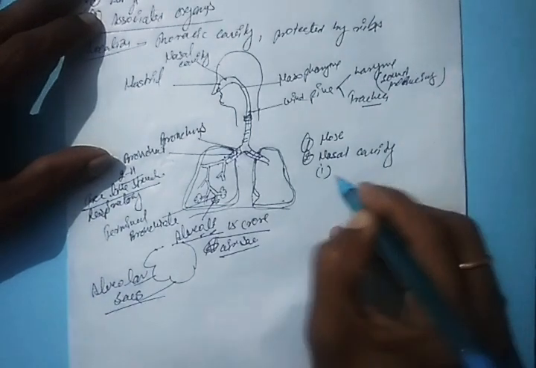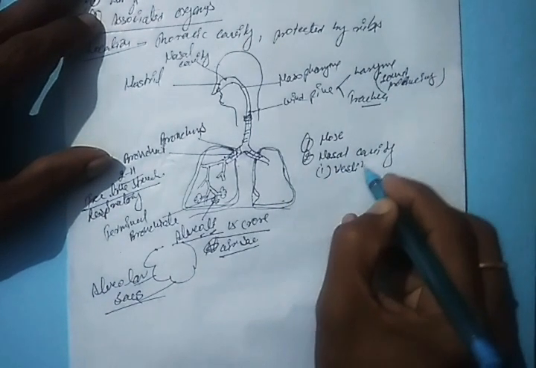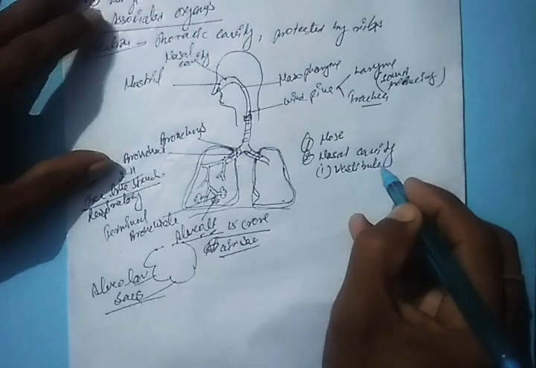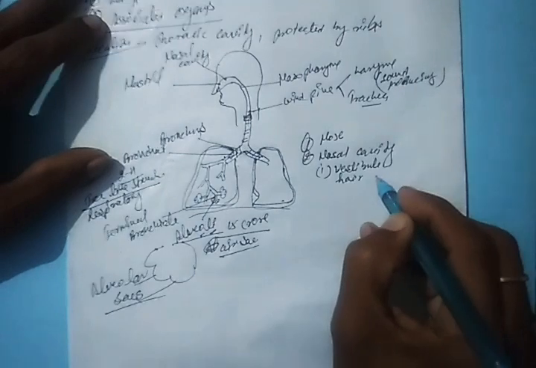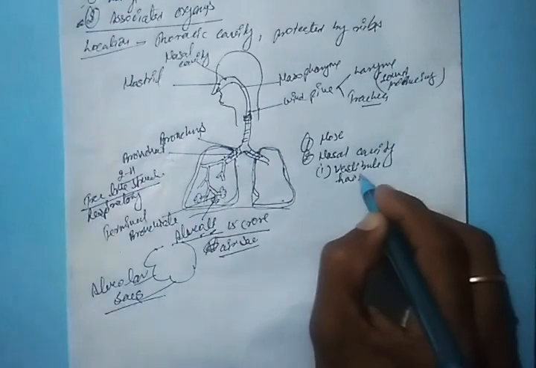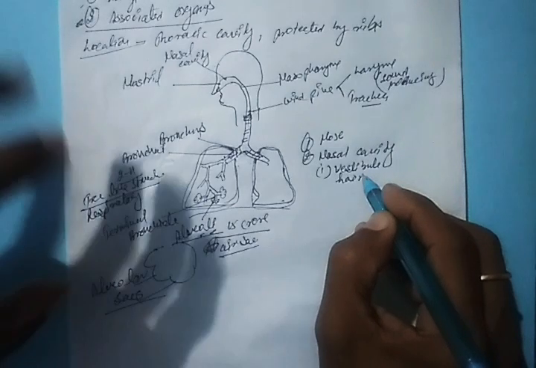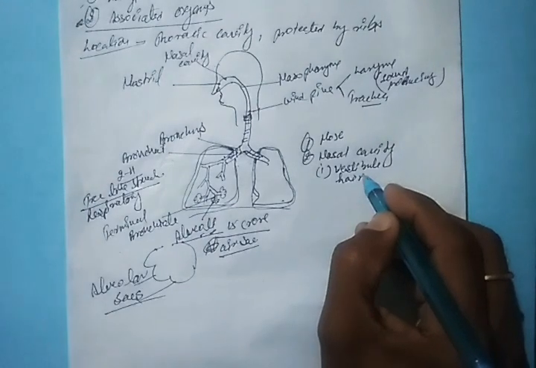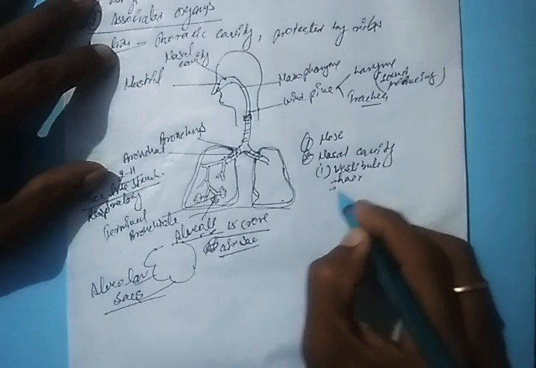First is the vestibule. The vestibule is the portion where hairs are present. This part basically filters out dust particles and large pathogens. This region also has some sebaceous glands.